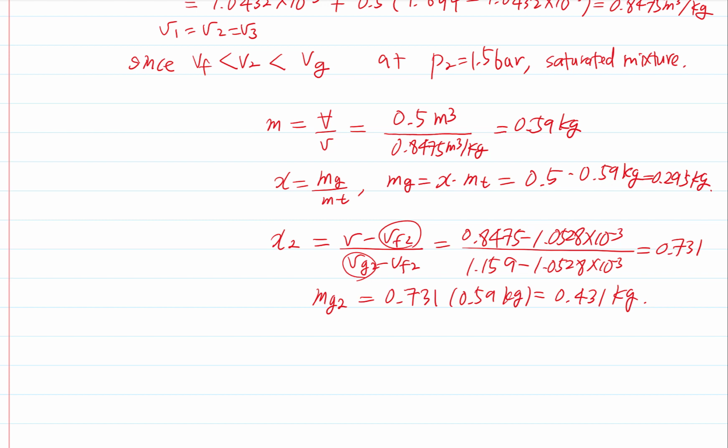Lastly, we need to determine the pressure in state 3. At state 3, we know the quality is 1 and the specific volume V3 is known. So at state 3, Vg is 0.8475.